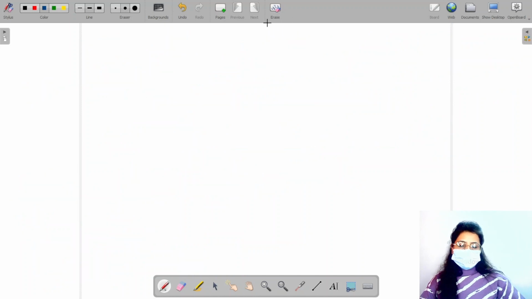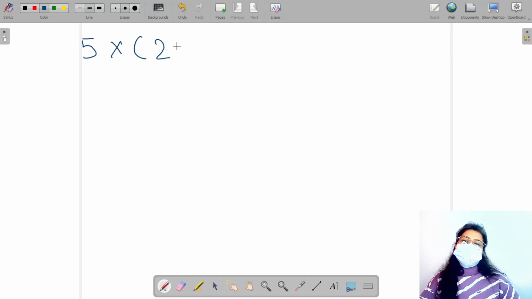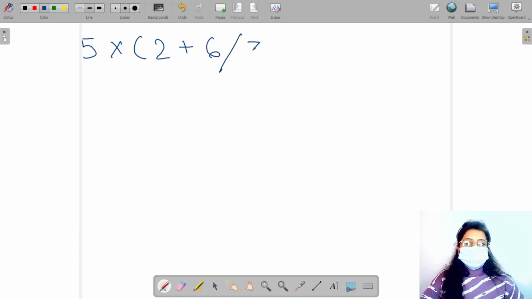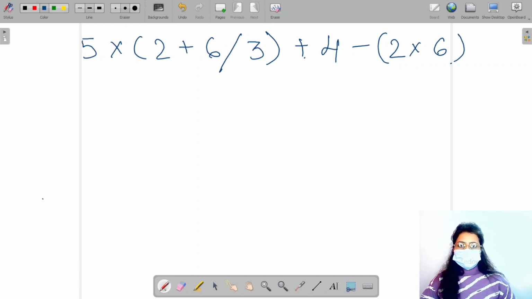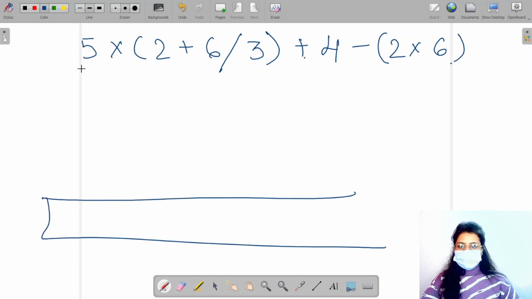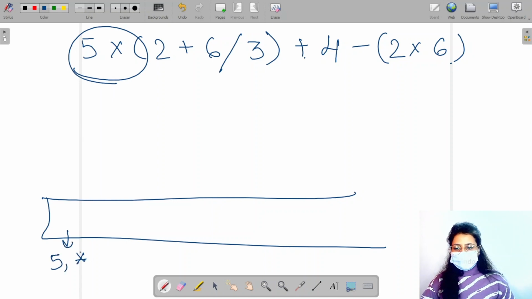So let's do one more time. We can have 5 into 2 plus 6 divided by 3 plus 4 minus 2 into 6. So we have the pair class here. This will get stored in the pair class. We'll have 5 pair with the multiply sign, right?